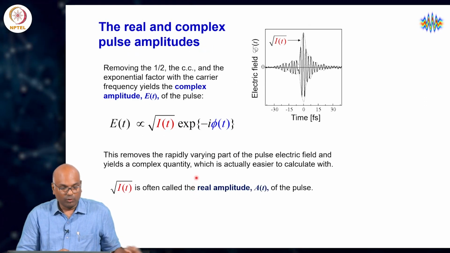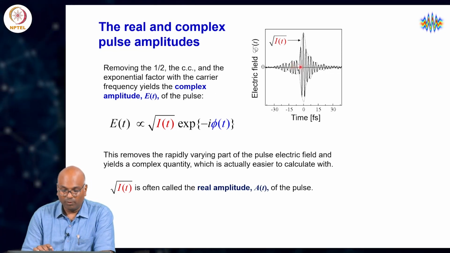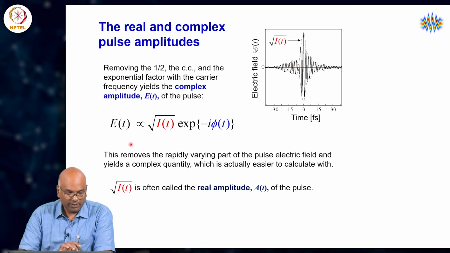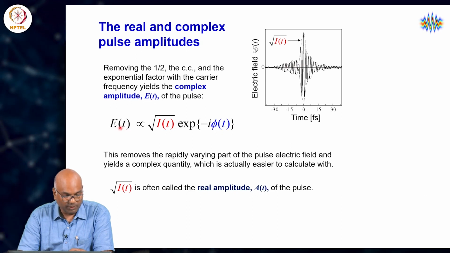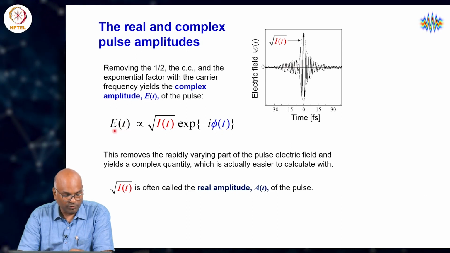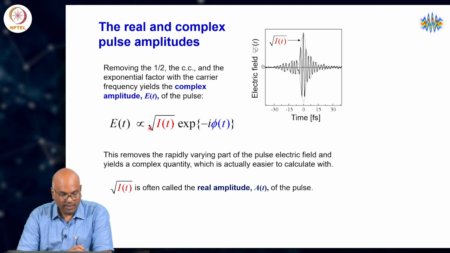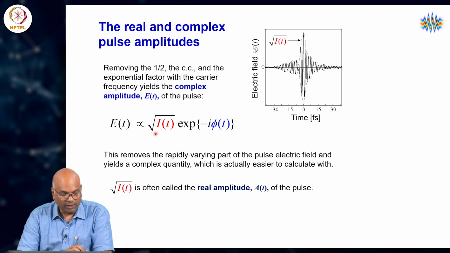Now, furthermore, we can take out the fast varying carrier part, and define the complex amplitude E of t. Note the difference between the two E's, the one earlier which was a script E, which contained the carrier frequency term, and this amplitude term which has the square root of I of t.